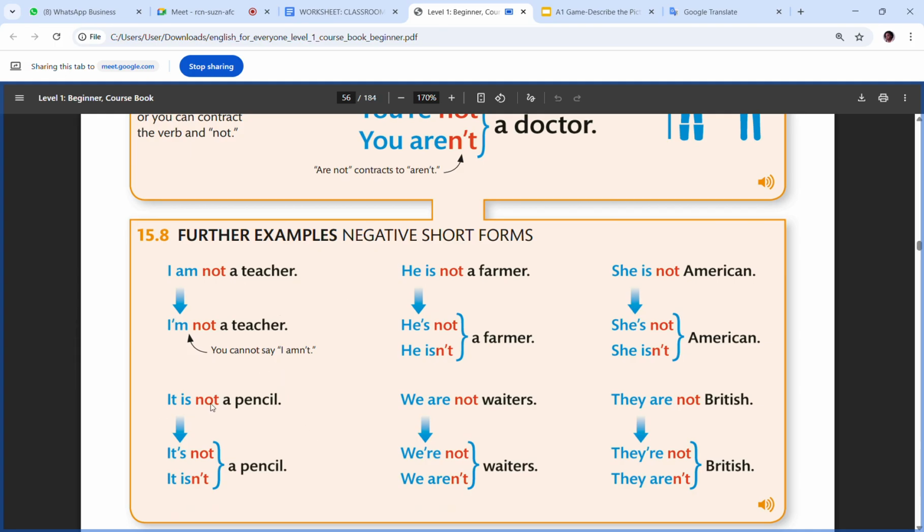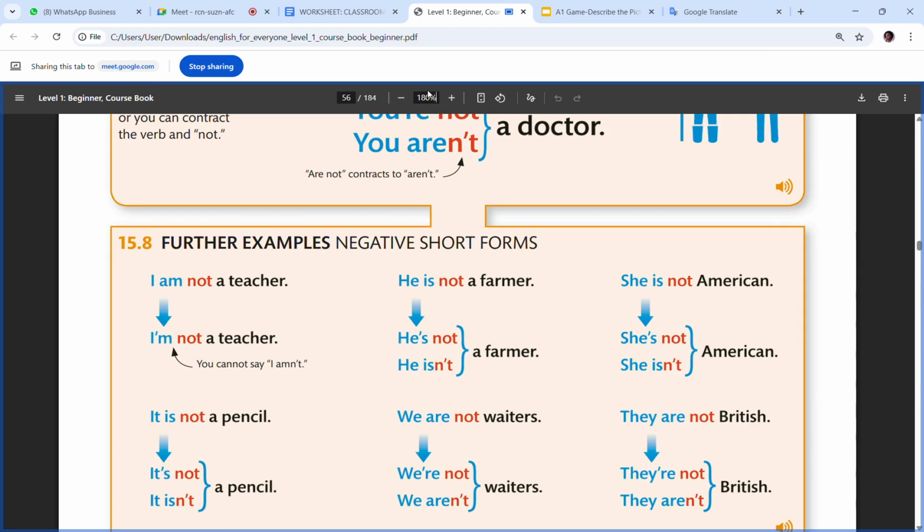So other ways here also, let's look at he. He is not a farmer. You can say he's not, or he isn't, right? Please repeat after me. Say isn't. Isn't. Yeah, so it's the same as is not, right? Is not becomes isn't, right? Let me make this bigger, because I can't see today.